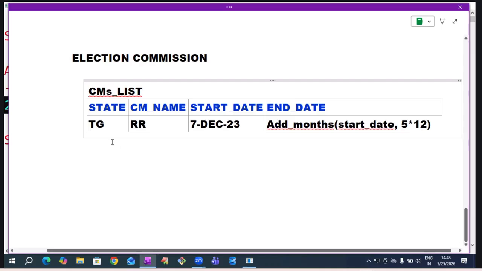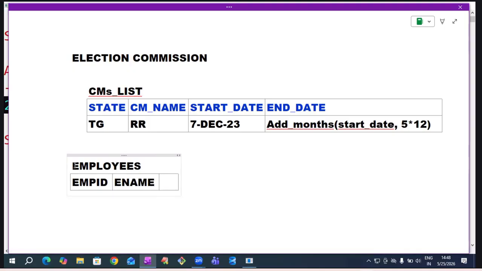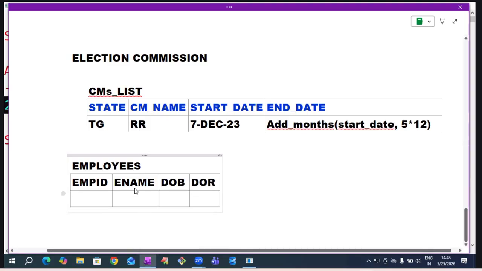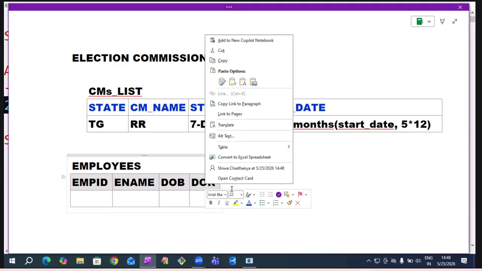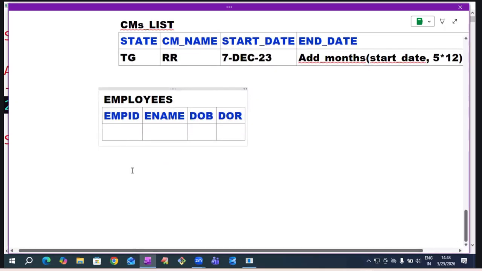Okay. Suppose our India government is maintaining all central government employees' information like this: employee ID, employee name, employee date of birth, employee date of retirement. Assume that in our central government, if the employee age is 60, that date is the date of retirement.